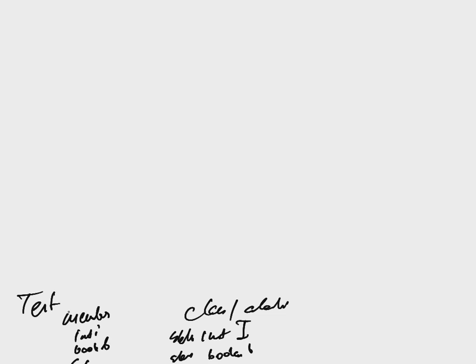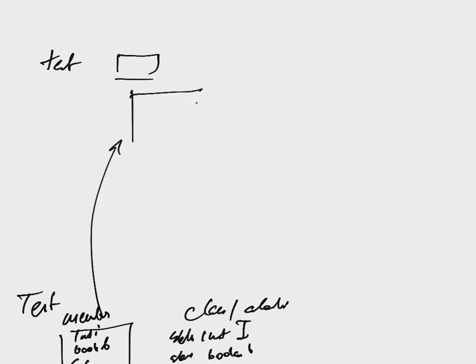And when we create a new object like test1, then we create a reference, and this is taken as a template to create a data structure for test1. Data, or let's say value. And then I create test2.